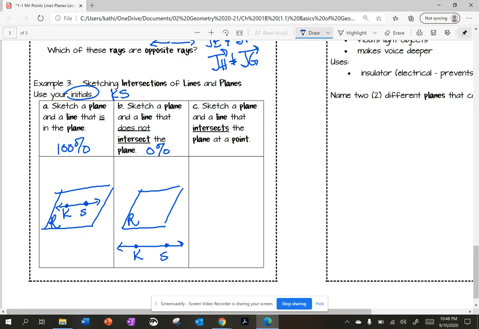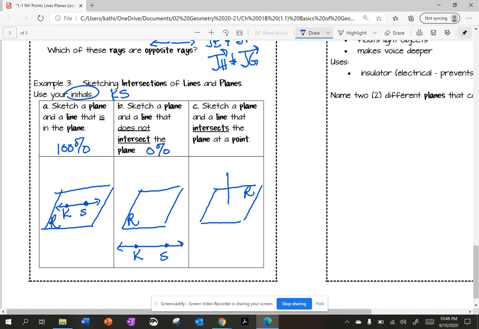And C, sketch a plane and a line that intersects the plane at one point. So here's my plane. This is called plane R. If I was in the classroom, I'd take a pencil and poke it right through the piece of paper so that you could see it.